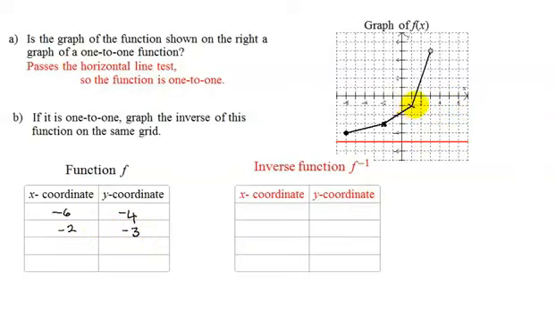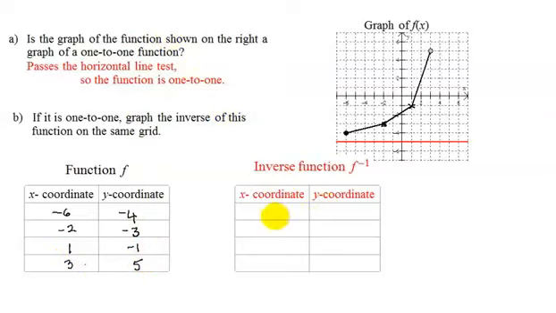This is the next interesting point where it changes direction again, which has the coordinates 1, -1. And the last point I'm interested in is the last point up here. The coordinates there are 3, 5. So those are points that are on my function.